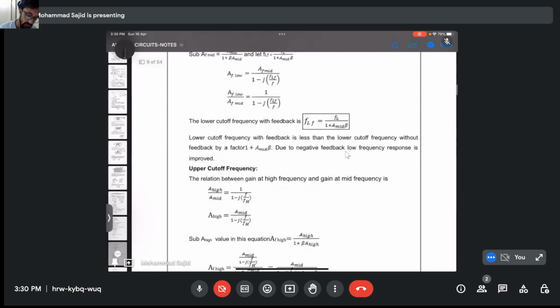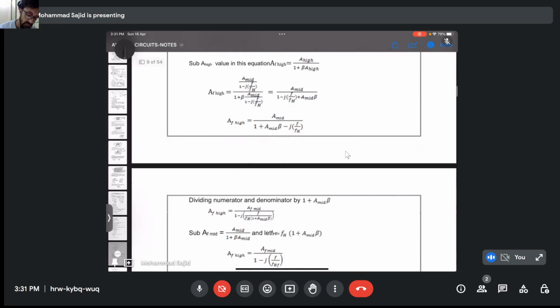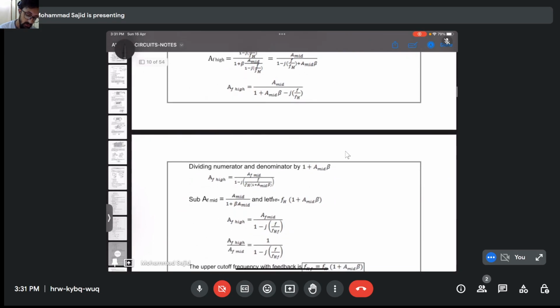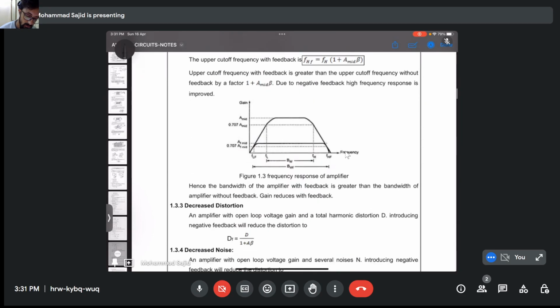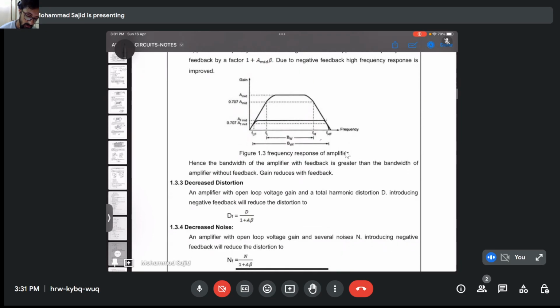Your frequencies change as well. If your gain reduces, then that means your upper cutoff frequency will increase and lower cutoff frequency will decrease, further increasing the bandwidth.